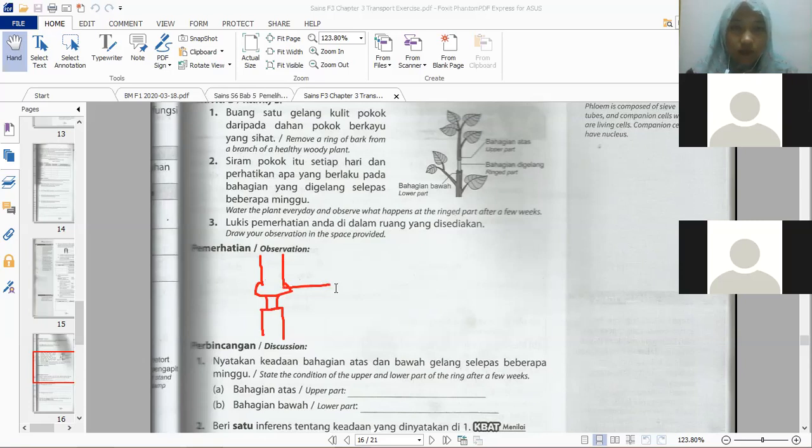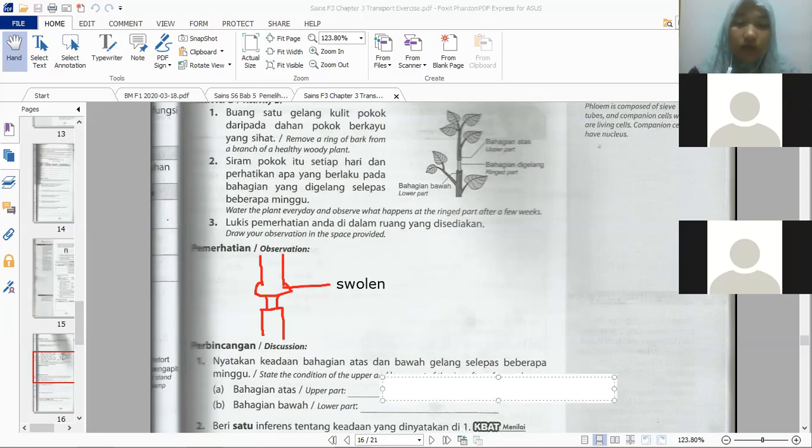Why is it swollen here? How do you want to answer if they ask why you say that the upper part is swollen? Because, for this one, the discussion: state the condition of the upper and lower part. So here, say that it is swollen. The upper part is swollen.